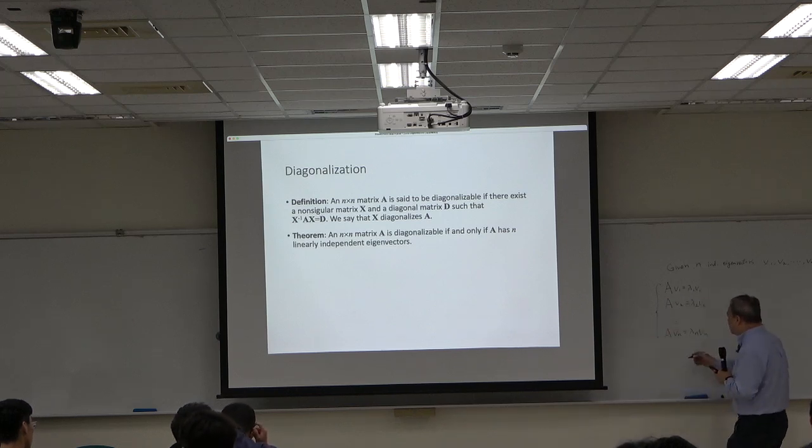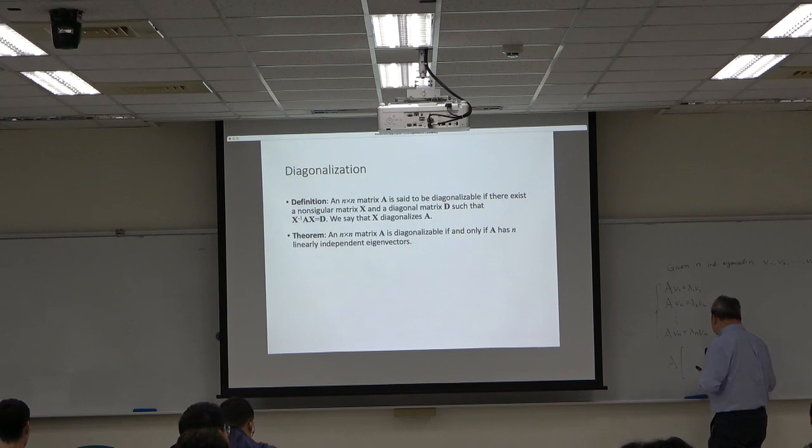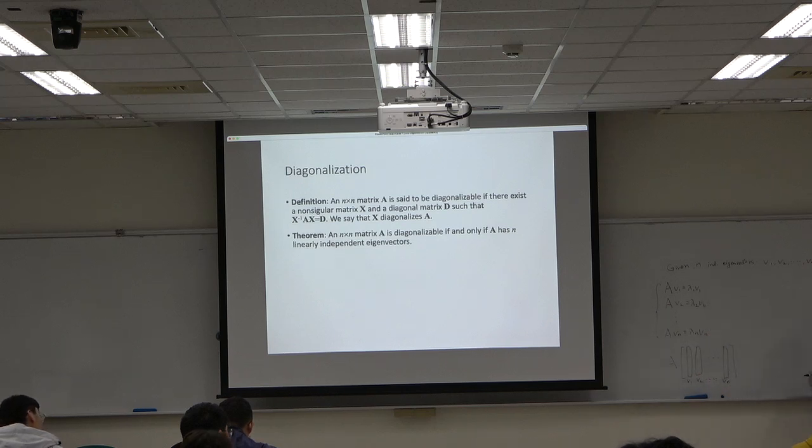So let's now consider this. Let's make this as v1, v2, up to vn. We let vi be the ith column vector.